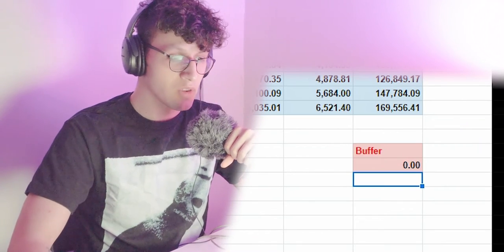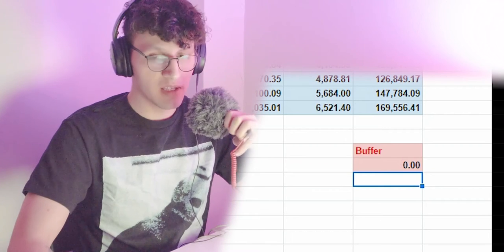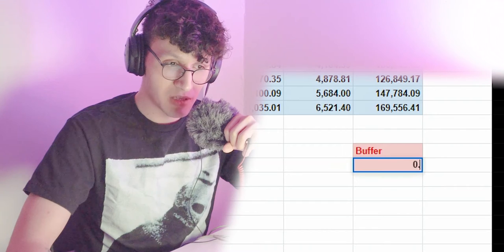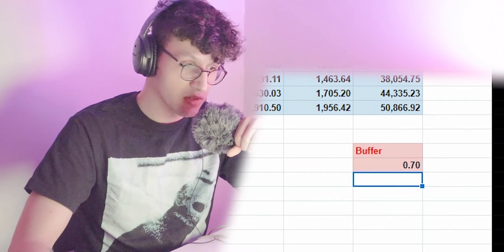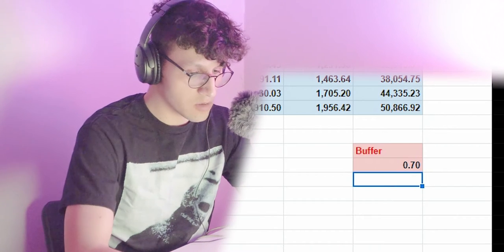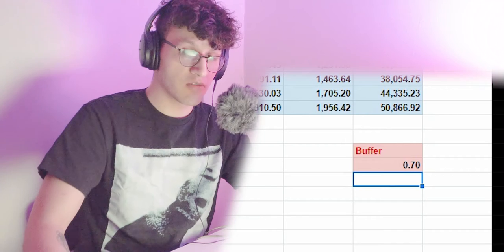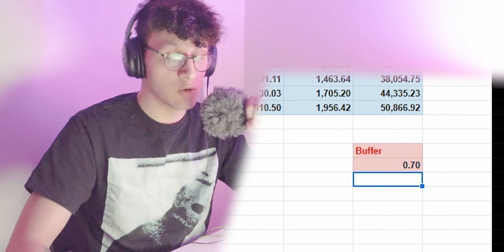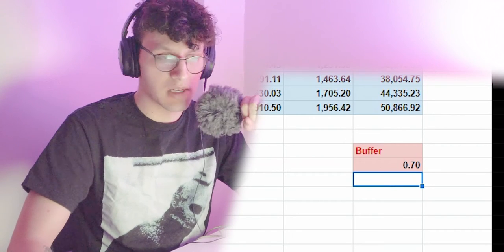Now we have to get to the sad truth about the buffer. The buffer is the percentage of after expense money that we spend. Realistically, that is about 0.7 is a good number. 70% of the money that you save or that you have left over, 70% of that money is getting spent.